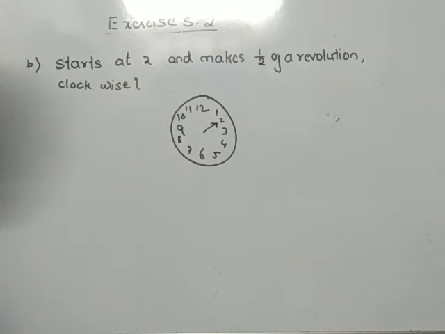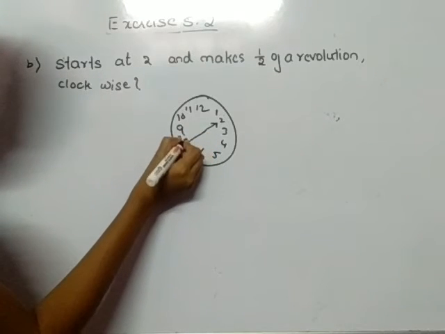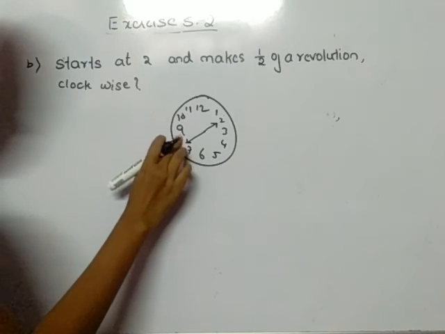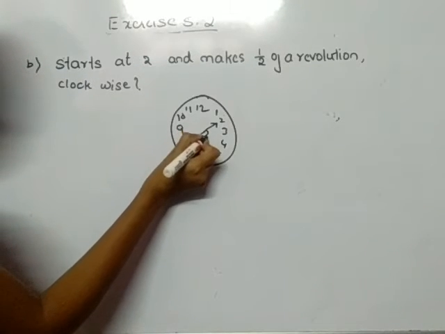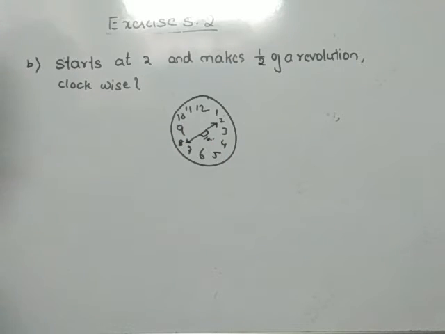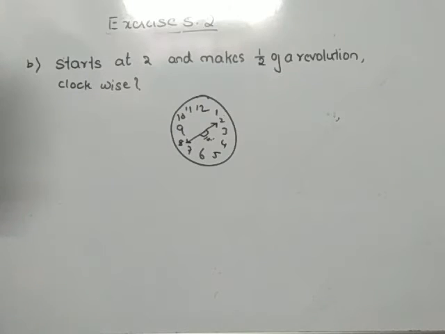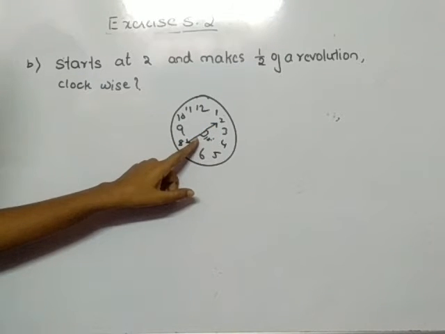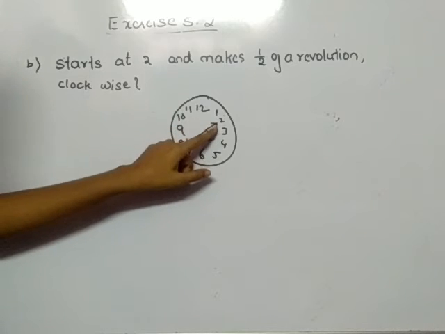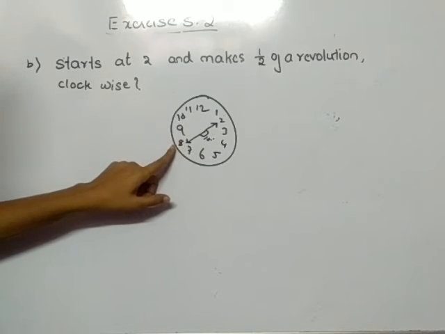Half means it is pointing here at 8, right? Half means it is making a straight angle, isn't it? If it came back to 2 instead of stopping at 8, it would be 1 revolution, right? But it has stopped at 8 only.